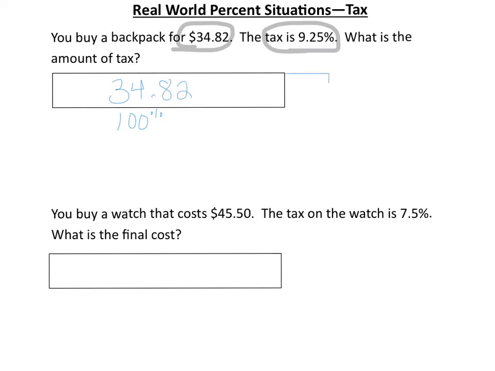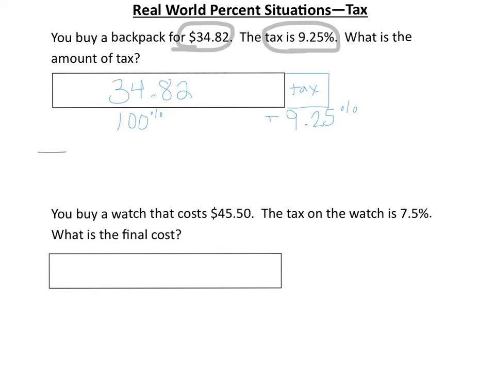And they are adding on 9.25% for tax. Apparently it's an expensive backpack, it's a decent backpack in another country. And this is what we're looking for right here. Your tax is right here. It's the amount they're adding on to it.